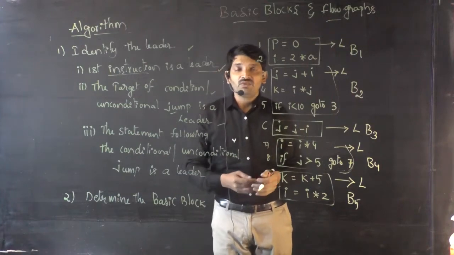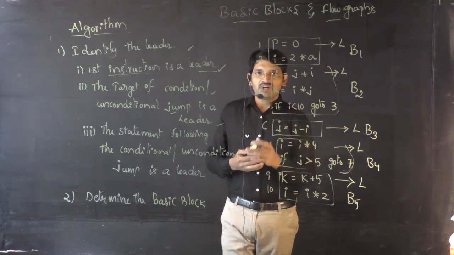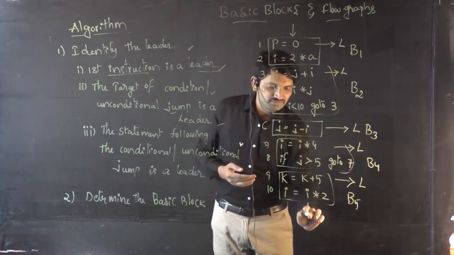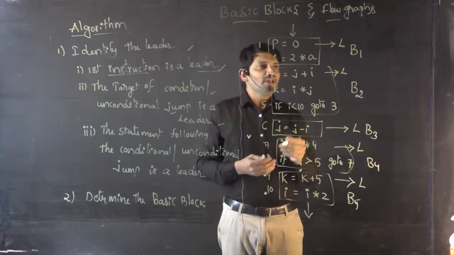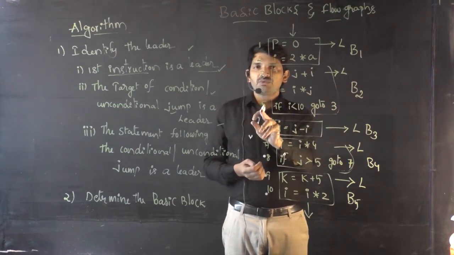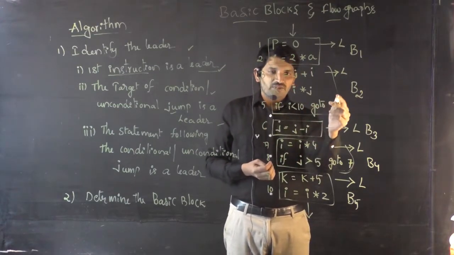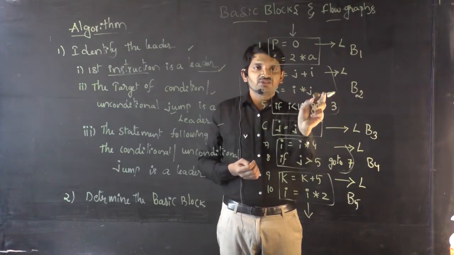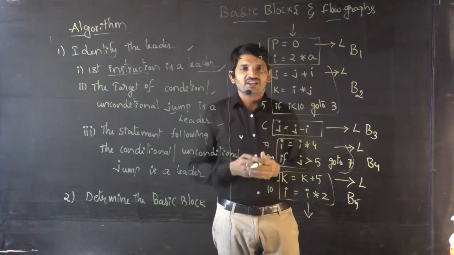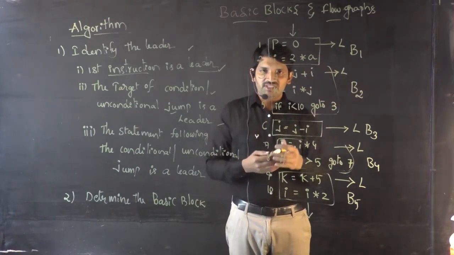For this, if I want to construct the flow graph, there is one entry and one exit. Here you can find if I less than 10, this is the 5th instruction, go to 3. That means check where the 3 is. So here it is. Now I want to construct the flow graph for these basic blocks.